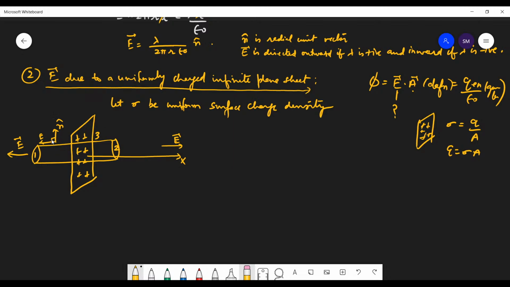If we write it with the formula, flux involves the angle between the surface and the electric field, that angle is 90, and cos 90 is 0.